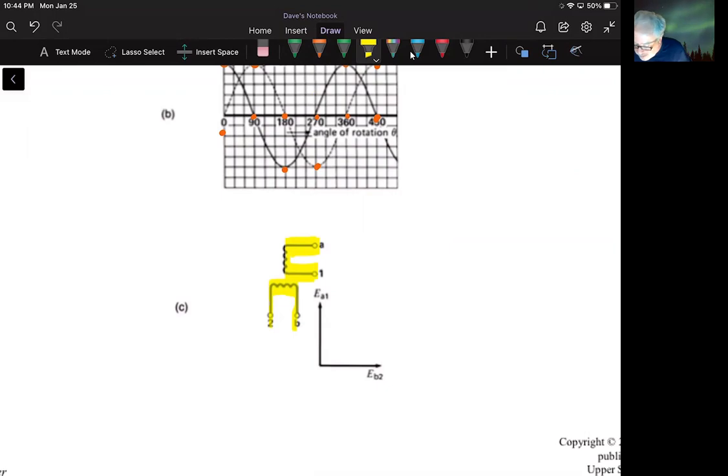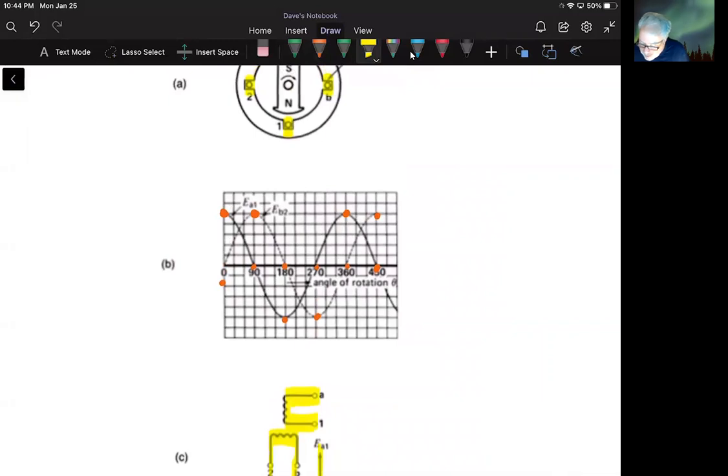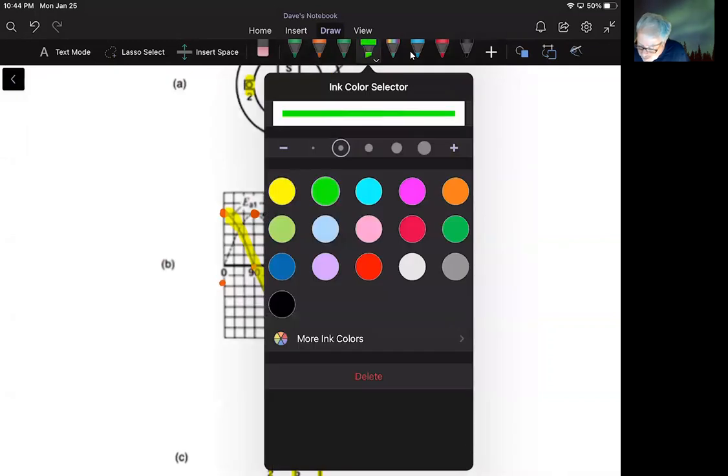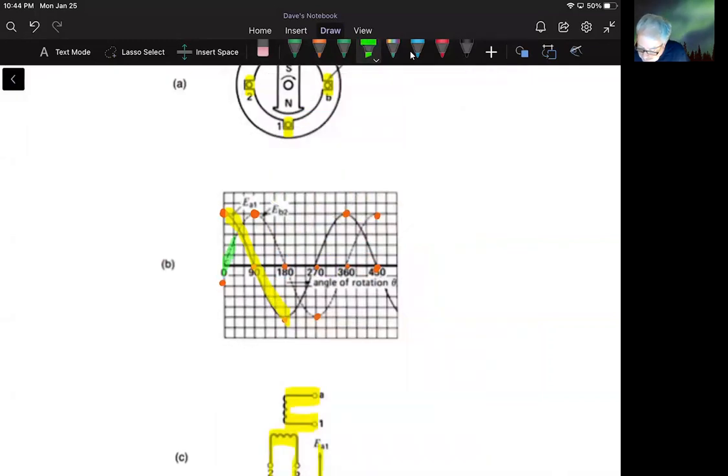And then we see from this phasor diagram that EA1 is 90 degrees in front of the voltage that's generated from EB2. And again, we can see that in the curves that result from this, okay? So we're seeing the correlation between the mechanical construction of this and the electrical output from that.